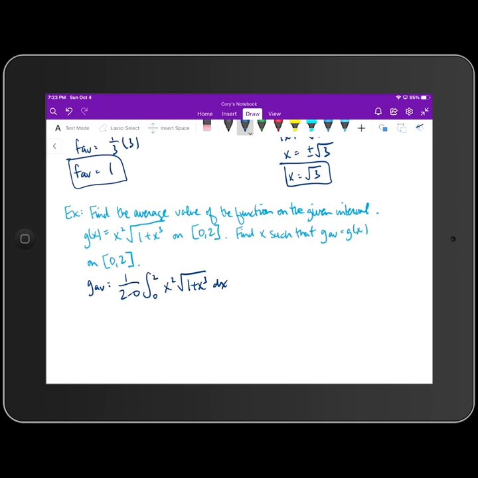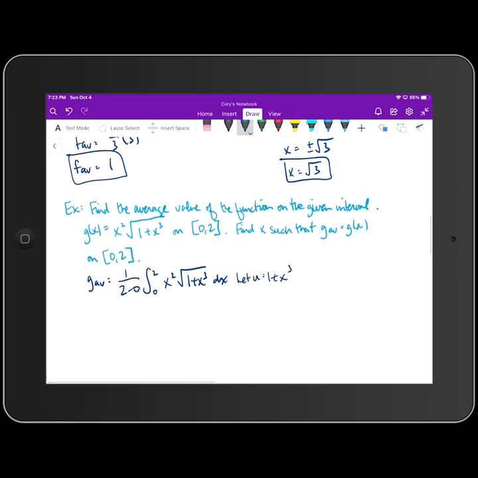Okay, so for us to evaluate this integral here, we're going to have to do a u substitution. So I'm going to let u equal the inner function in the composition, 1 plus x cubed, which is going to make du equal to 3x squared dx, and dx equal to du over 3x squared.